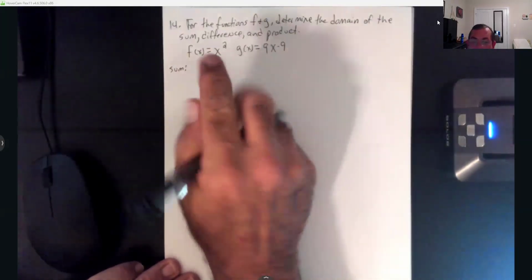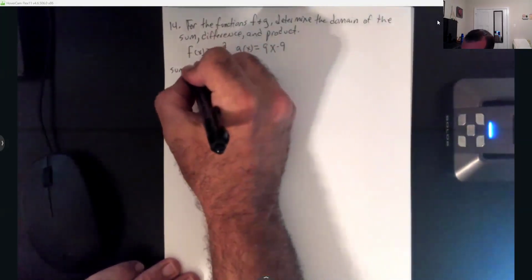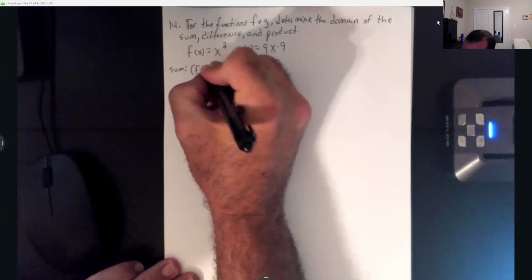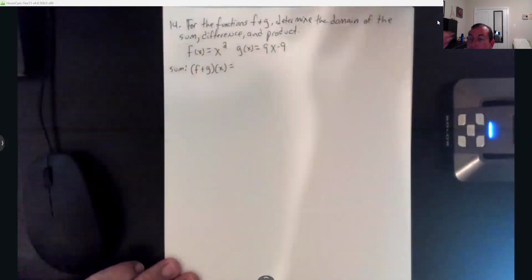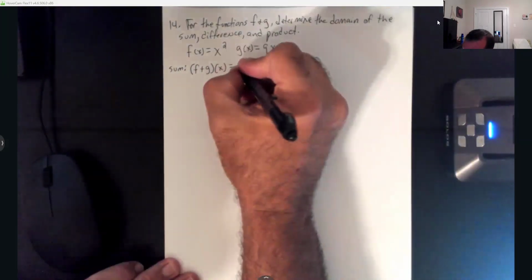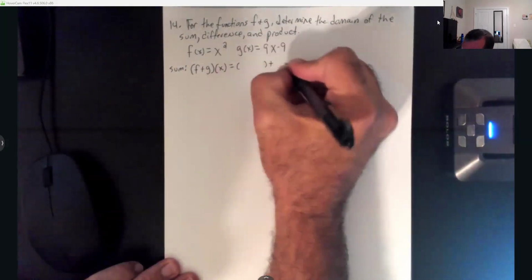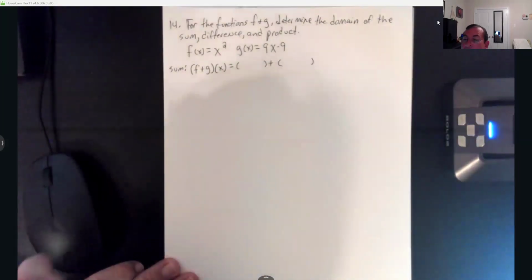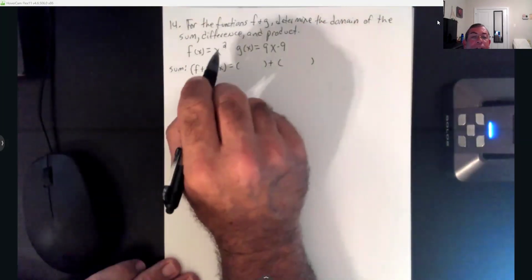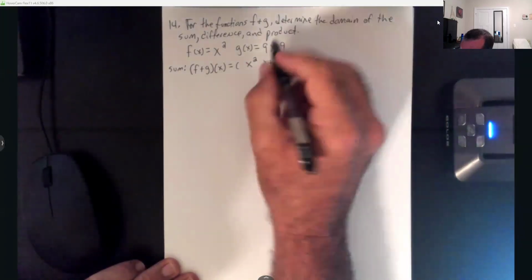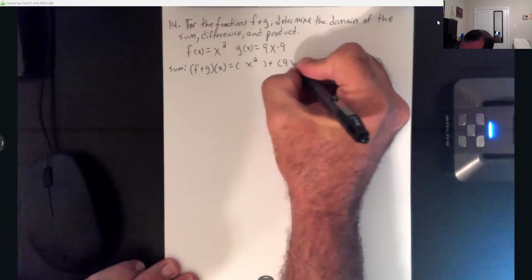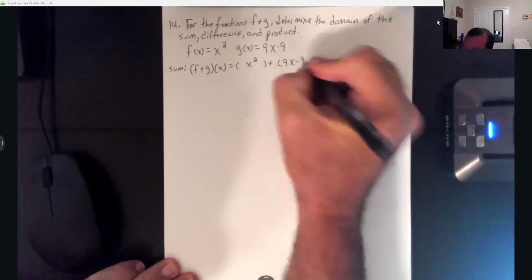The sum means adding, so that would be f plus g of x. That's going to equal my f plus my g. Well, f is just x squared, and g is 9x minus 9.